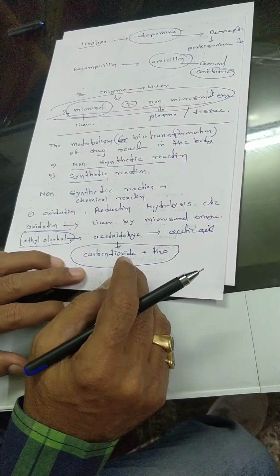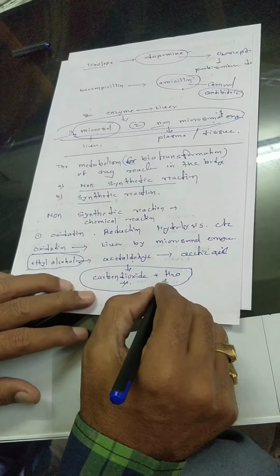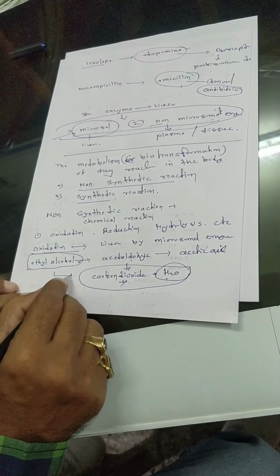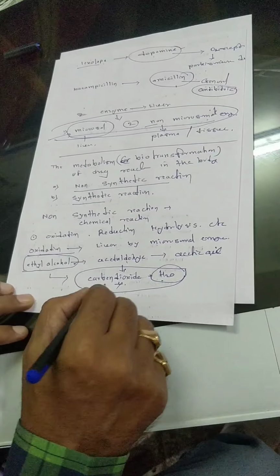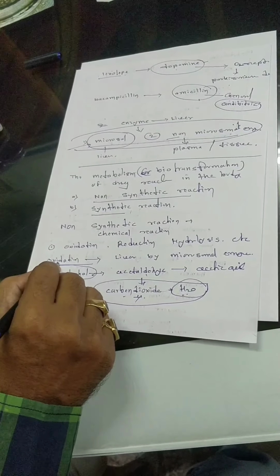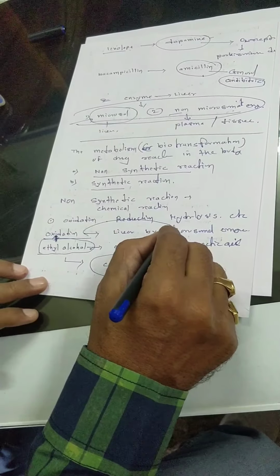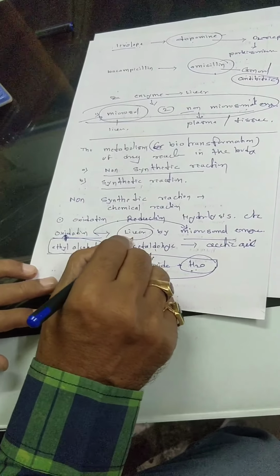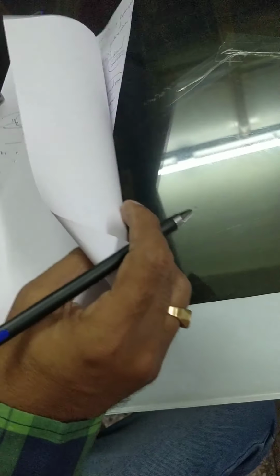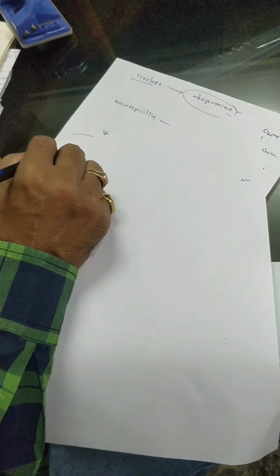That carbon dioxide and water go out through urination. The end products of alcohol intake are carbon dioxide and water. This process is followed by oxidation. Which enzyme acts? Microsomal. Where does it act? In the liver. Second, the reduction reaction.